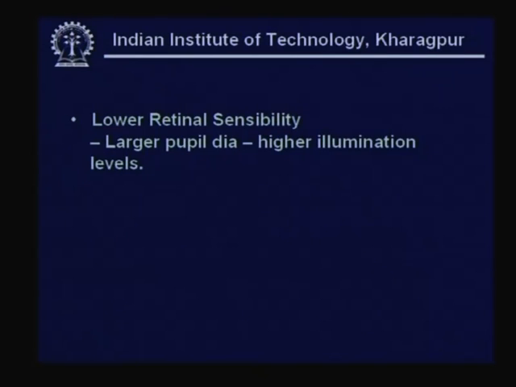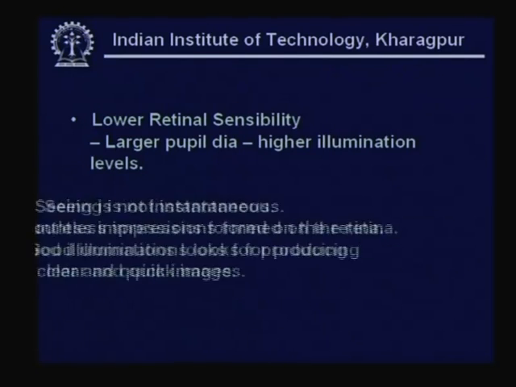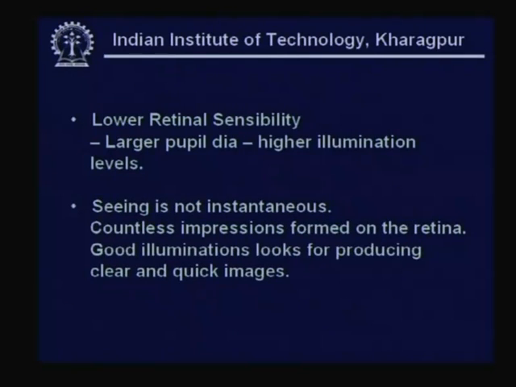But lower retinal sensibility would mean a larger pupil diameter is required and higher illumination levels. And remember, behind the whole thing, I mentioned that the time of observation becomes important. This is because seeing is not instantaneous.